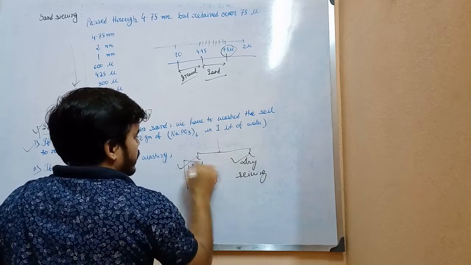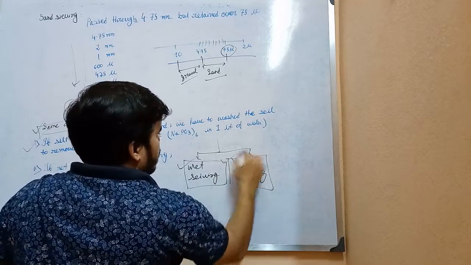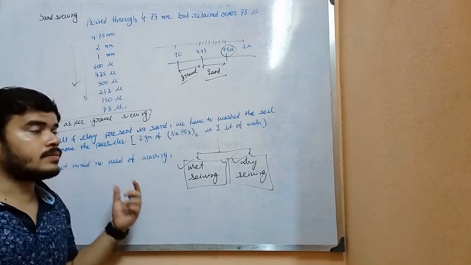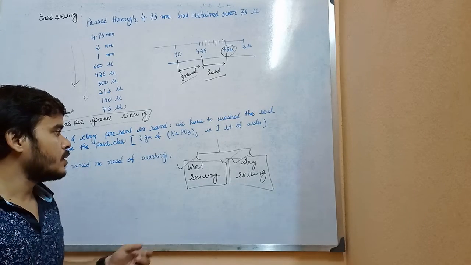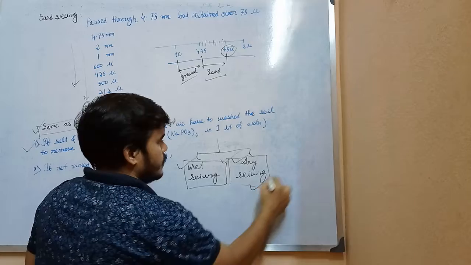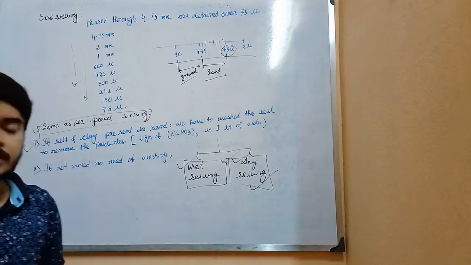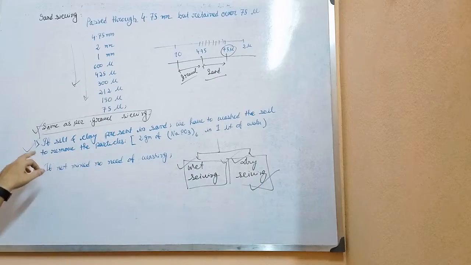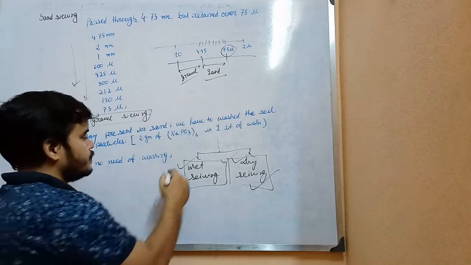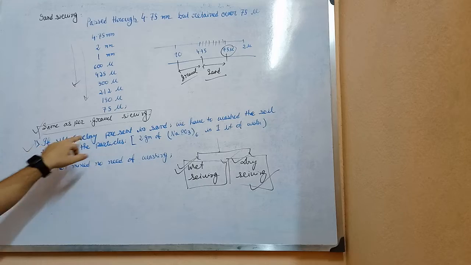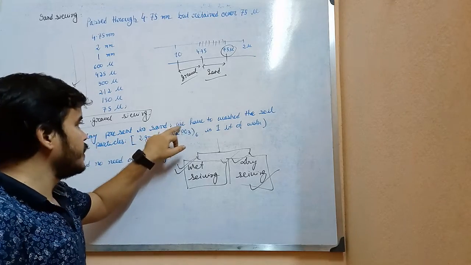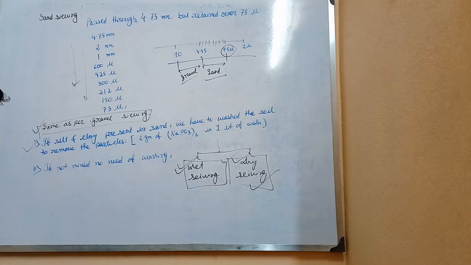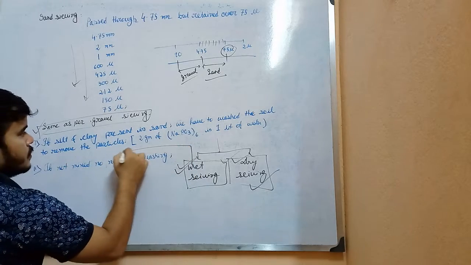You have already noted it down, so just go through your notes. And for wet sieving, what is wet sieving? If silt and clay are present in sand, we have to wash the soil to remove those particles. That is called wet sieving.